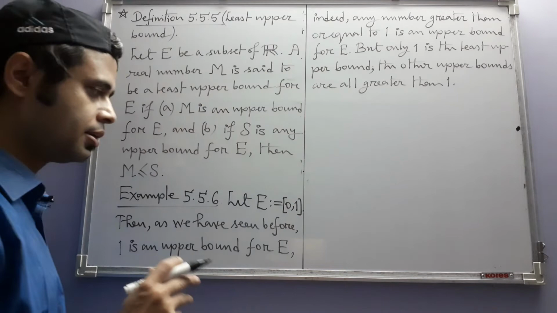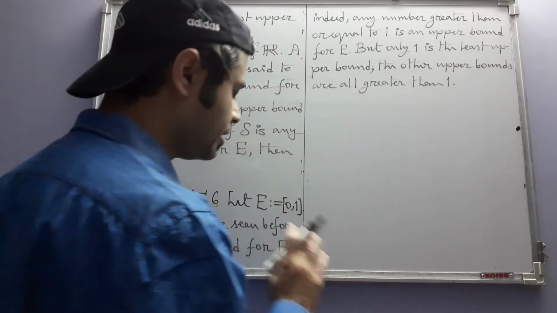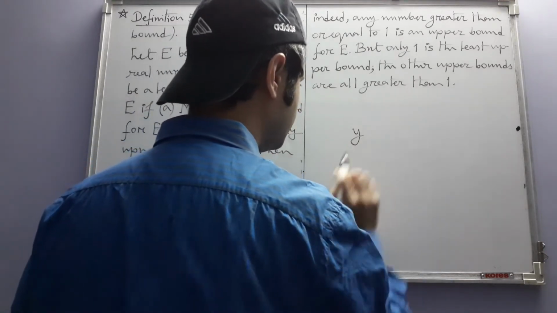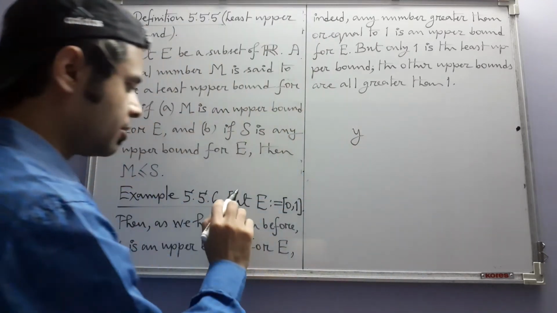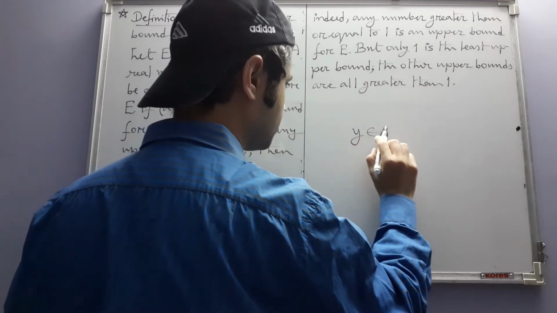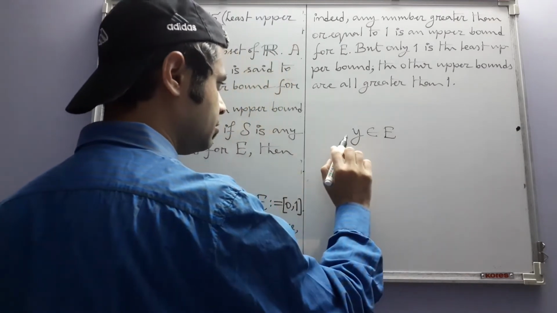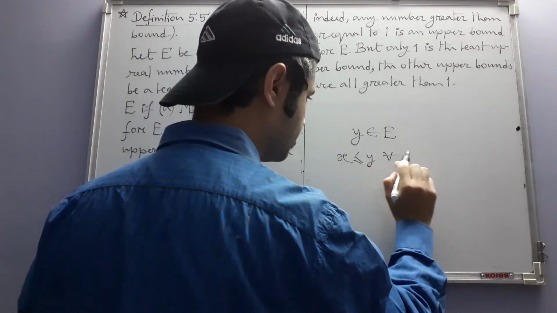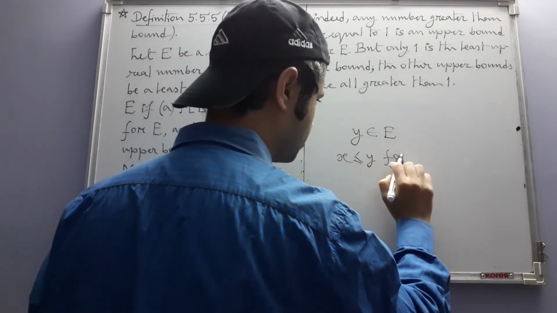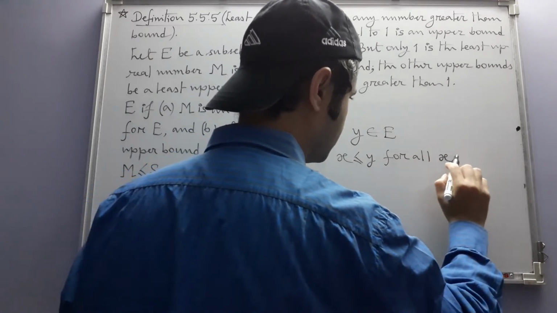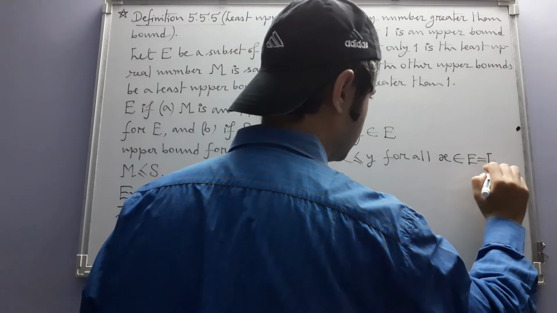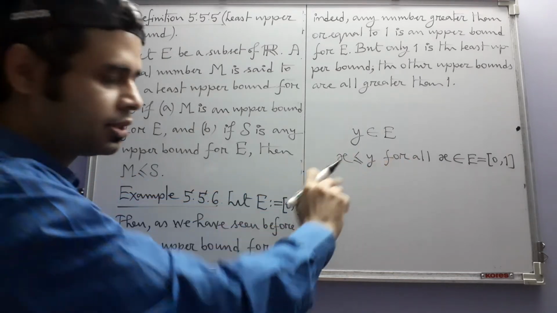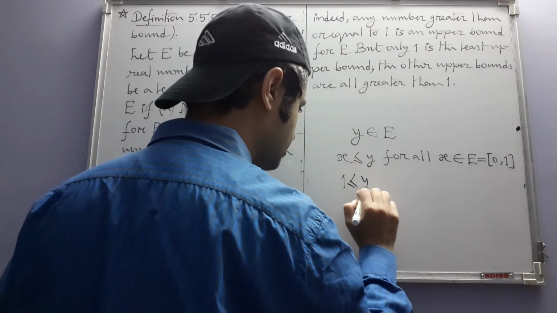However, to show that 1 is a least upper bound, you assume Y to be any upper bound for E. Then that implies that X must be less than or equal to Y for all X belonging to E. In particular, you can take X equal to 1 because 1 is also an element of E. So that gives you 1 less than or equal to Y.